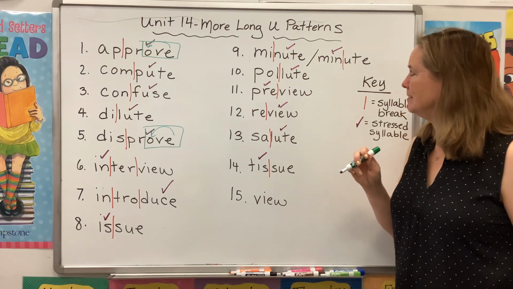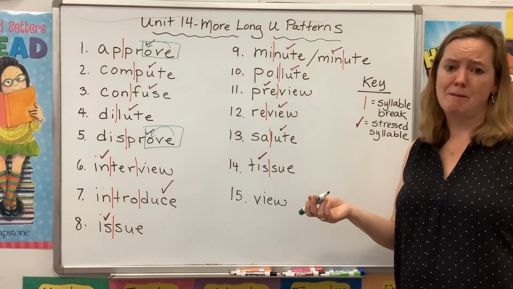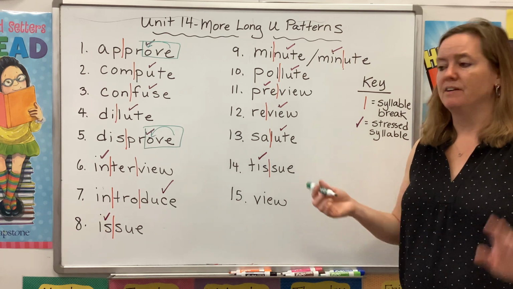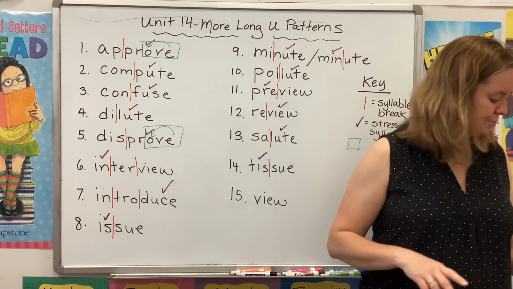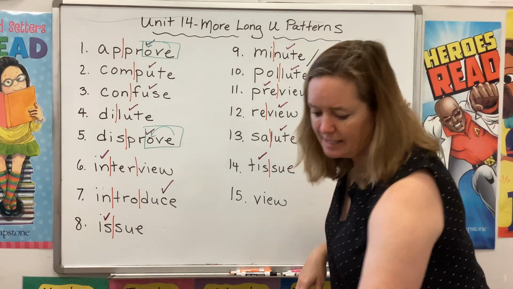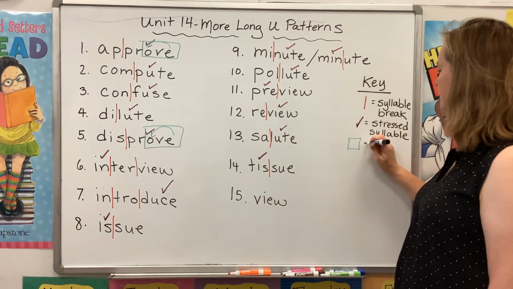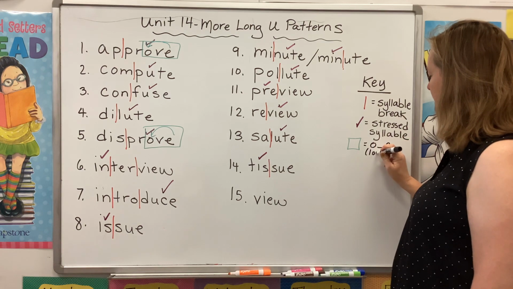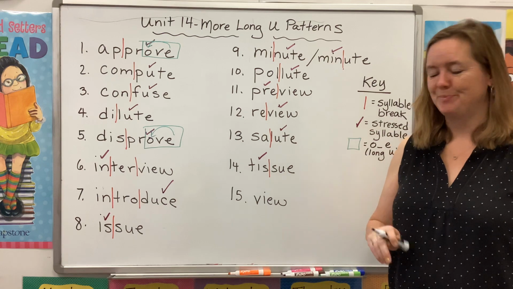That's about it. Really is not a common pattern. So if you can memorize the word prove, you can do approve, disprove, you're good to go. So over here, green box equals O-consonant-E making a long U sound.